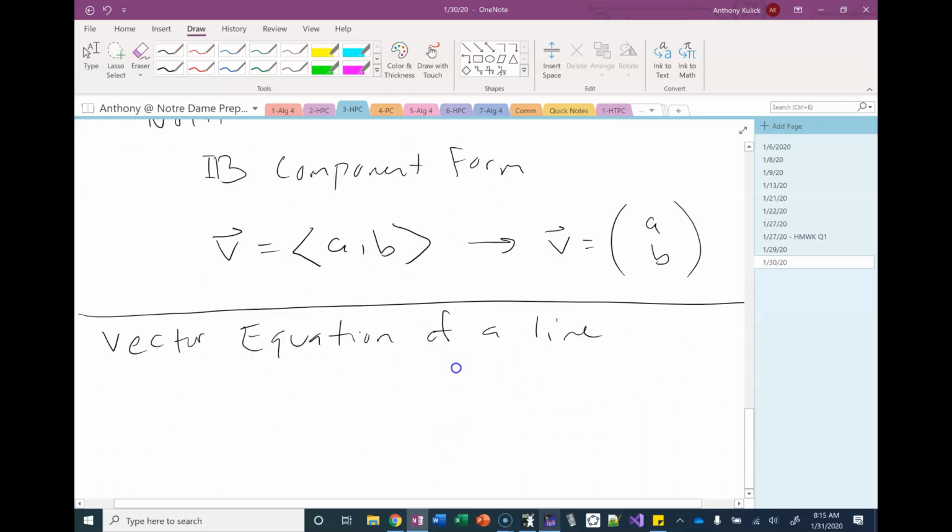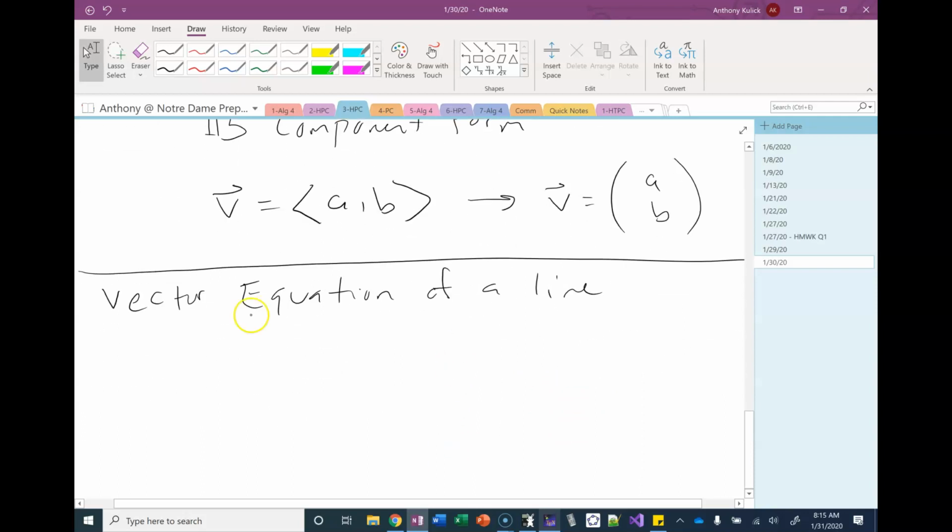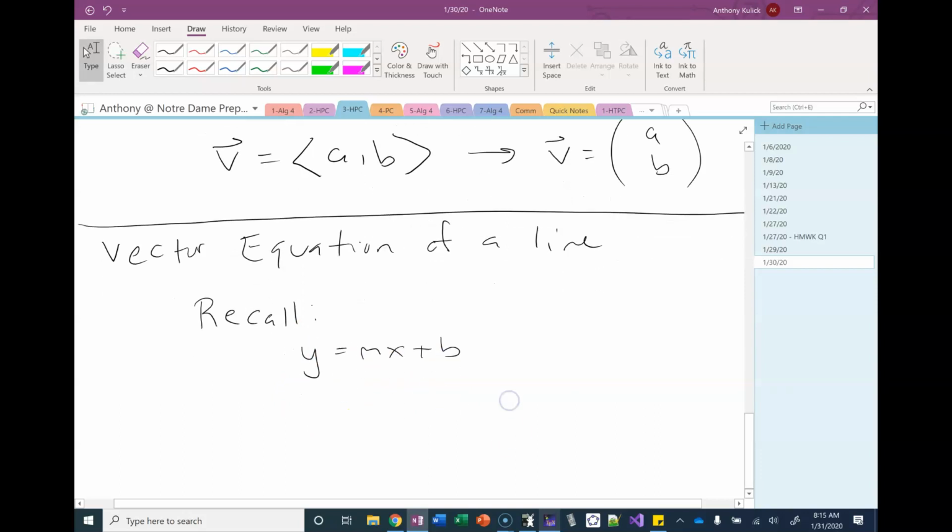So let's say we want to write the vector equation of the line. So recall back from your Algebra 1 course. What was the equation for a line? y equals mx plus b. In order to write an equation for a line, what information did you need?